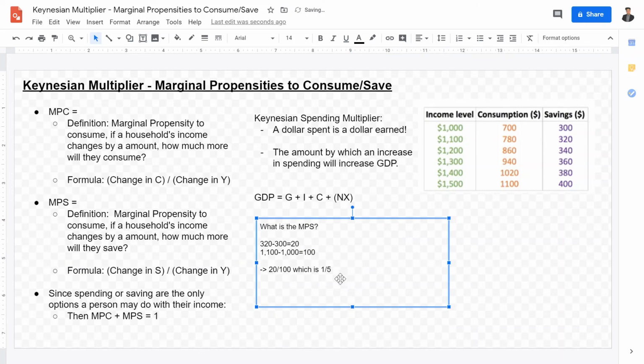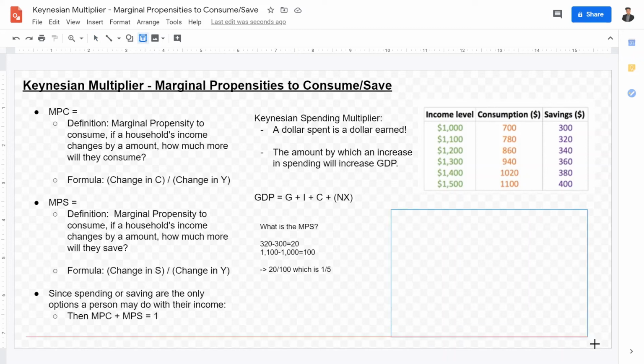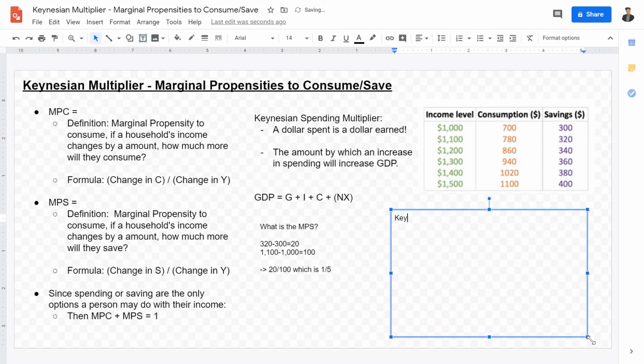Now that we have the MPS, what is the Keynesian spending multiplier? Here is where the Keynesian spending multiplier formula comes into play. The formula is represented with a little k.